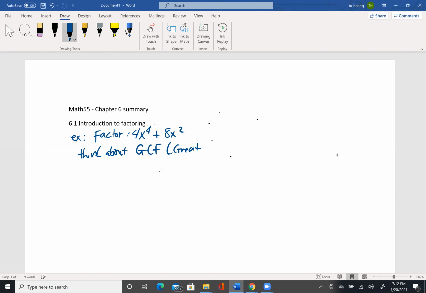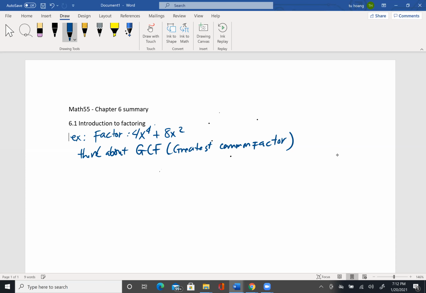Greatest common factor. Okay. So how can you find the greatest common factor? You will list out x to the power 4 here.